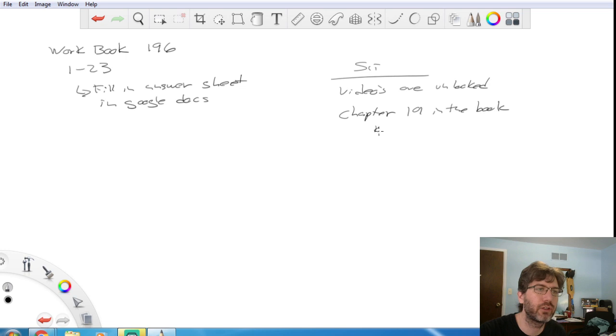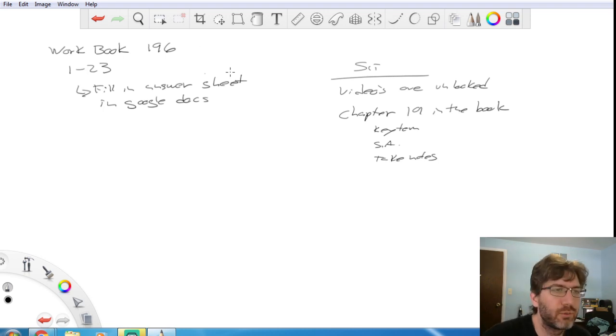So you know right away you can do key terms, you can work on section assessments, you can take notes. Those are definitely going to be due. And again, I'm working on getting that assignment sheet out. I just got to tweak some of it before you see it.